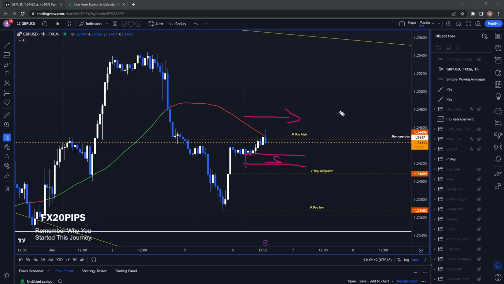Now, for the buy zone, I have the wick here and I have the body here. That will give you an idea of the buy zone. Clear? So I only draw the buy and sell zone as close as possible to the London session.